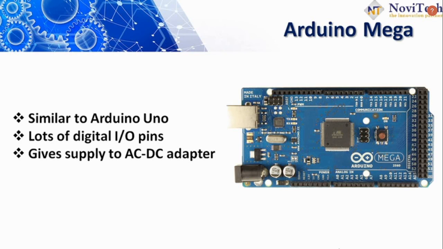It has 16 analog inputs, a reset button, a power jack, and a USB connection. It includes everything required to hold up the microcontroller. Simply attach it to a PC with the help of a USB cable and give the supply to get started with an AC to DC adapter or battery.